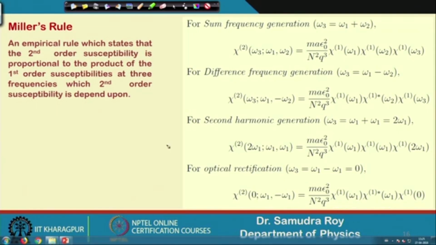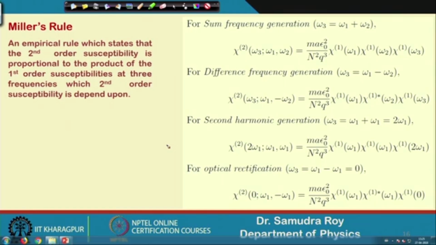Today we learned a very important thing: how classically the nonlinearity is generated. The nonlinearity is generated because if I launch a very high electric field, then the electron that vibrates based on the Lorentz model will have some kind of anharmonicity.